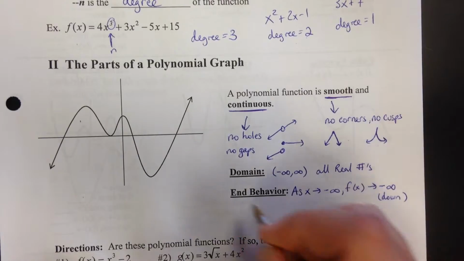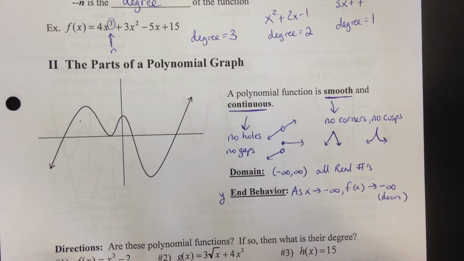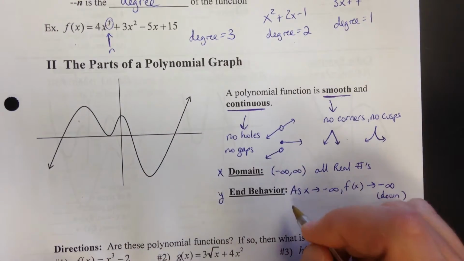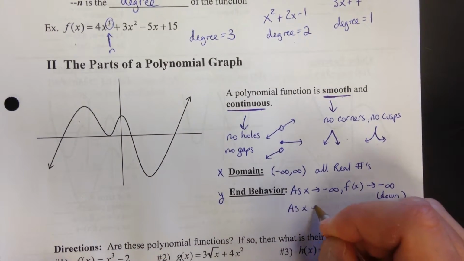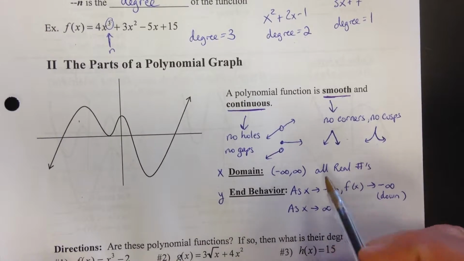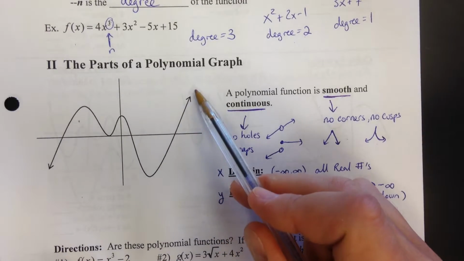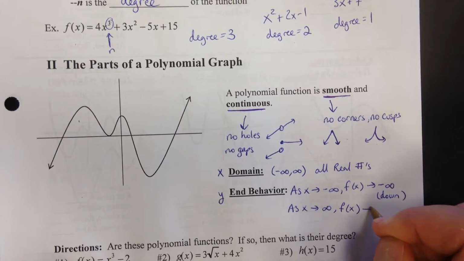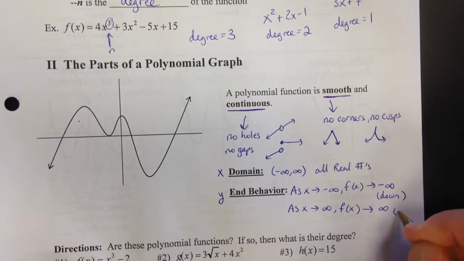End behavior is the y values, domain is the x values. Now as we move way off to the right, as x approaches positive infinity, notice that the function now is going up. So we're going to say f of x approaches positive infinity. It's moving up.